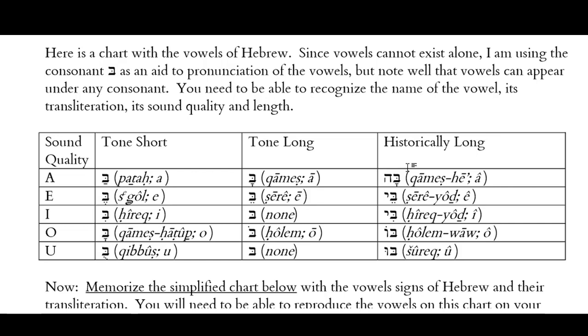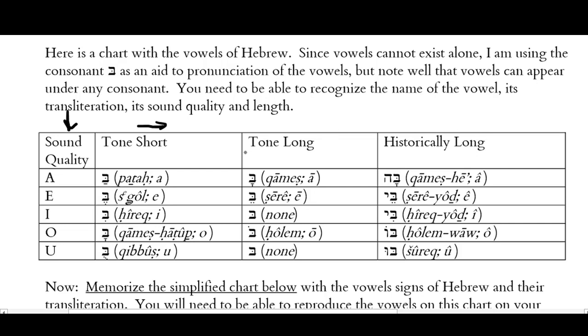We have on the left side of our screen the sound quality A, E, I, O, or U type of vowels, just as we have in English. And then over here, in our first row, the heading, we have tone short, tone long, and historically long.